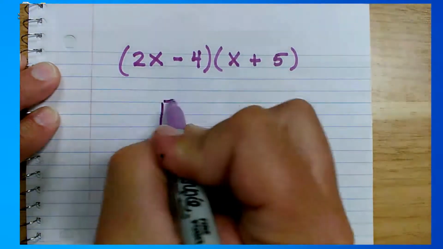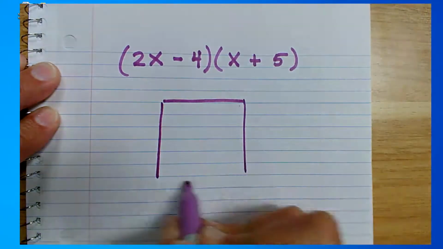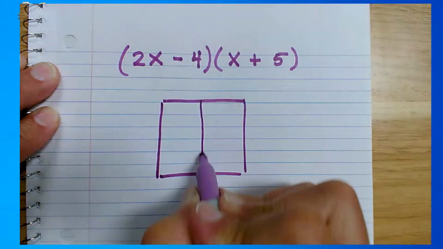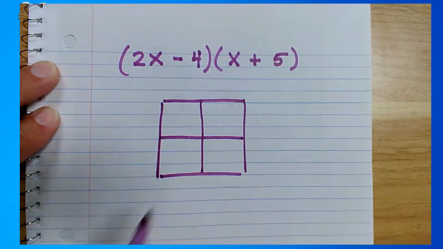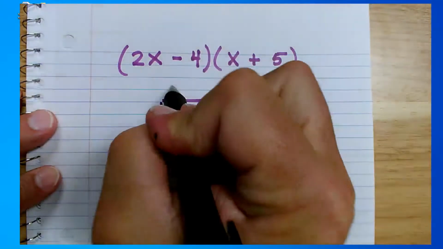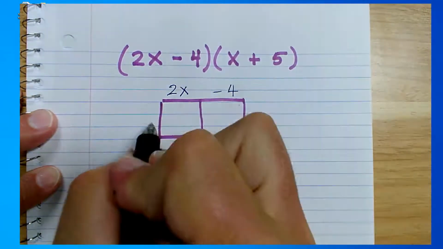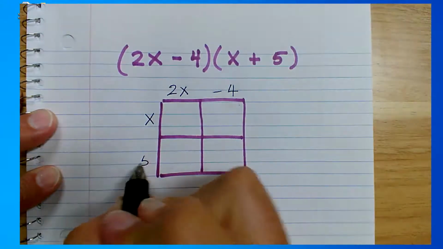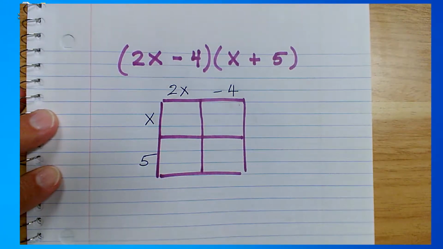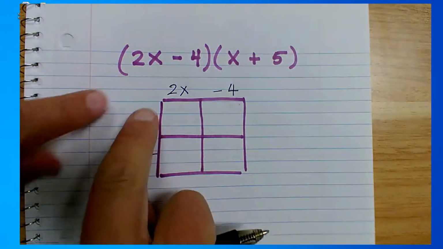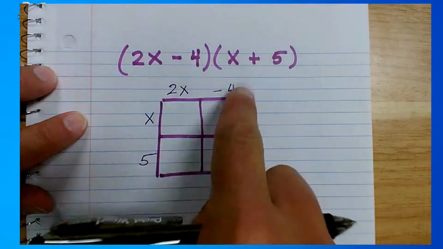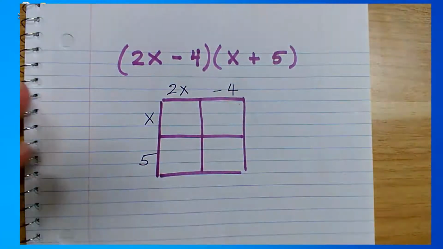I start by making a box. 2x minus 4, x plus 5. Good. You could put the 2x minus 4 here and the x plus 5 on top. It doesn't matter where it goes.